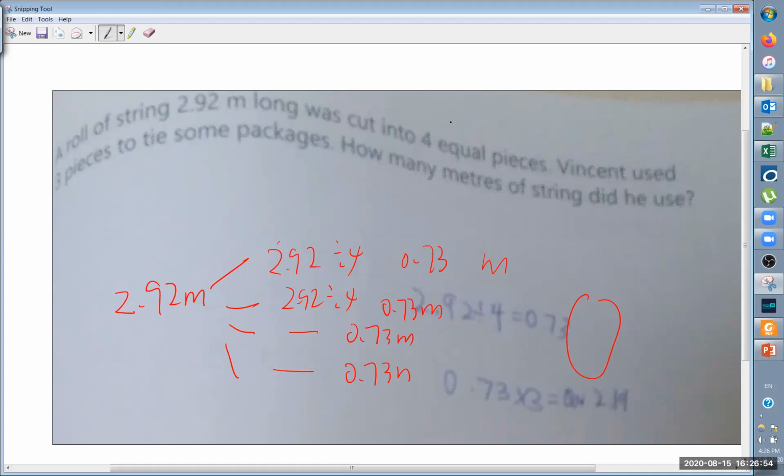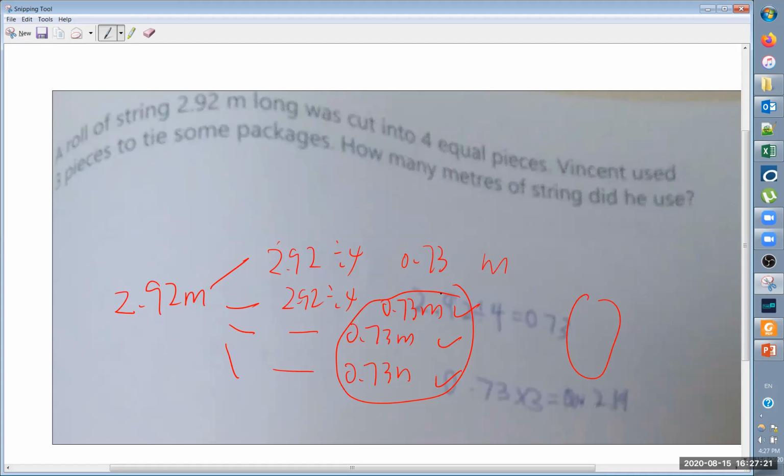And now Vincent used 3 pieces to tie some packages. So how many meters of string did he use? 3 of them, that means 1, 2, 3. So what do you do with this? 0.73 times 3.